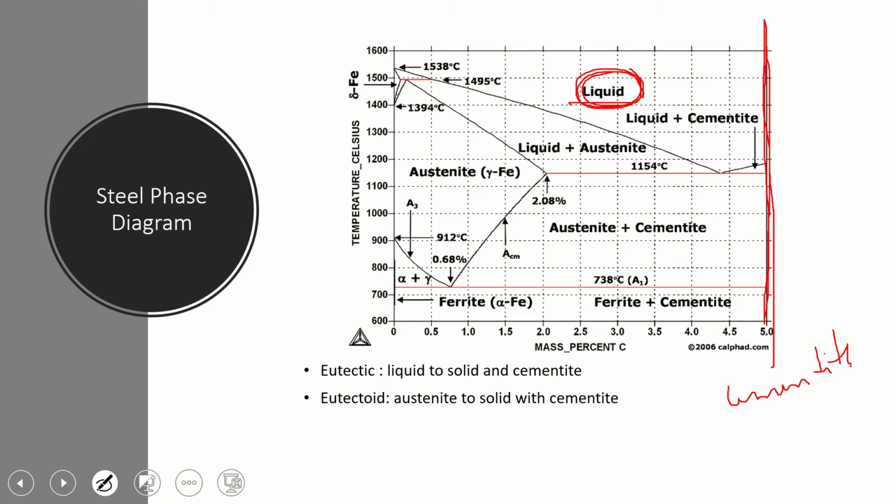So as you cross this line, you start getting liquid and cementite. And as you cross this line, you start getting liquid and austenite. This entire area is composed of austenite iron.